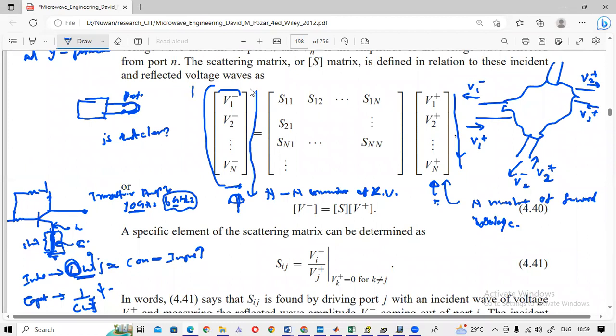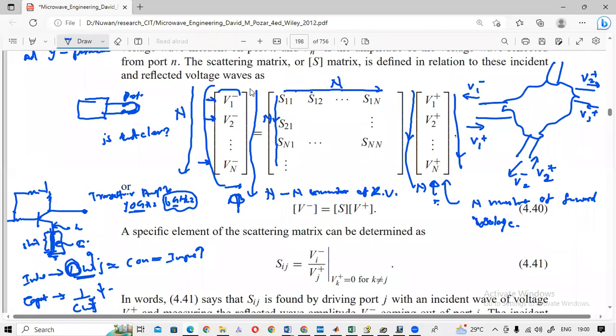Here it is a column matrix and there are n rows, and for this one also there should be n rows. For matrix multiplication, the number of columns of the first matrix should equal the number of rows of the second, so there are also n columns.